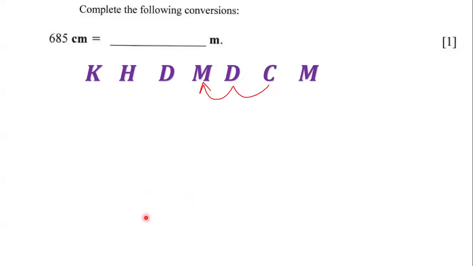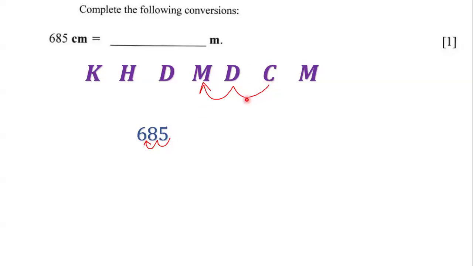So that means, well, 685. Remember the decimal point is behind the 5. So we're gonna move it over twice, 1 and 2 times to the left.